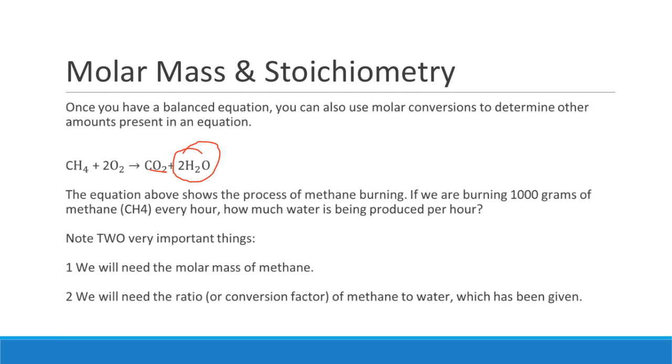If you look here, this methane has an invisible 1 in front of it, but this water has a very clear 2. So the ratio of methane to water is 2 water for every methane. That is another mole conversion factor.